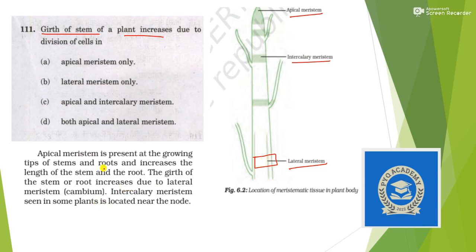It is written here that the girth of the stem or root increases due to lateral meristem, the increase in length is related to apical meristem, and the intercalary meristem is found near the leaf nodes. So our answer is lateral meristem only, option B.